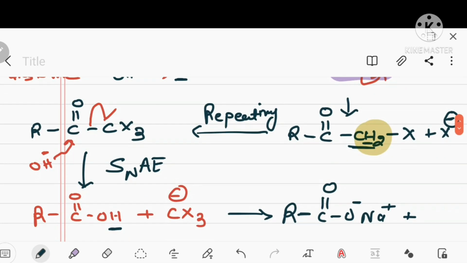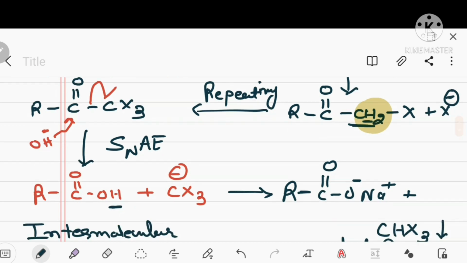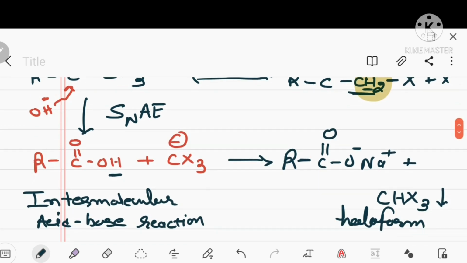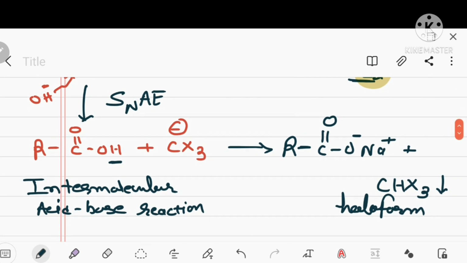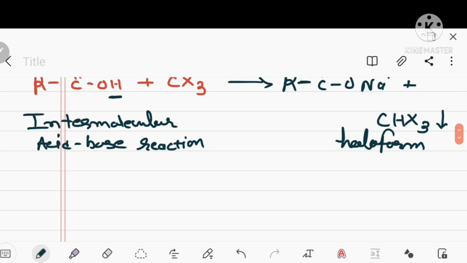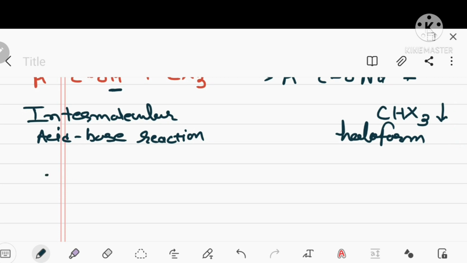This kind of reaction repeats twice, and then after that the nucleophilic substitution SNA reaction occurs, and the remaining OH is attaching with the carbonyl carbon, and CX3 minus is removed, and at last an intermolecular acid base reaction occurs and we will get the haloform reaction. In short, a trick is also available. Okay, so now we are just talking about the short trick.